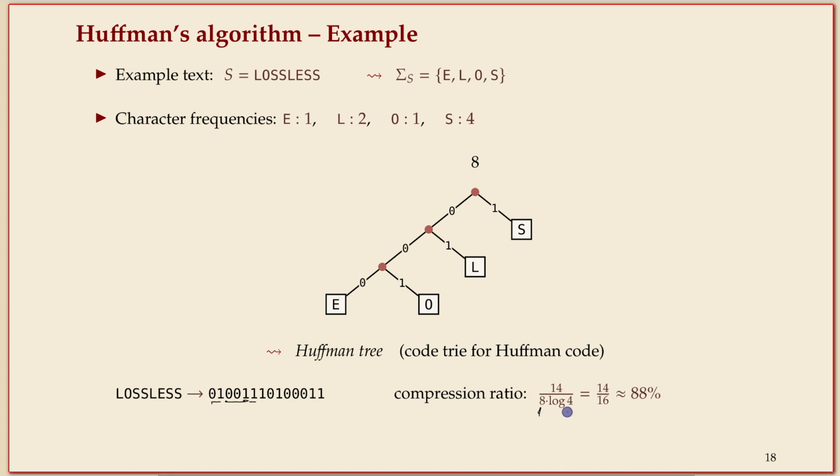So that gives you this 8 times log 4 for the size of the source text. And if you do the counting here, it's 14 bits in the coded text. And so you get a slight reduction in space. It's not super impressive because the string is so short. But at least it's shorter than the trivial way to represent it.